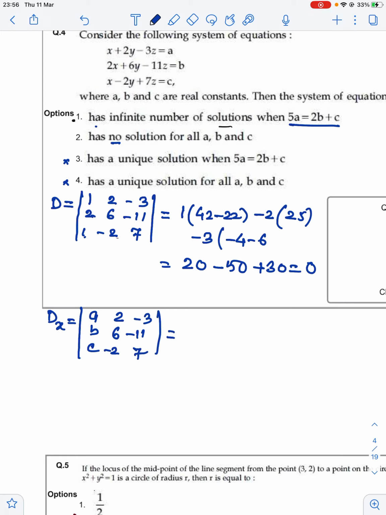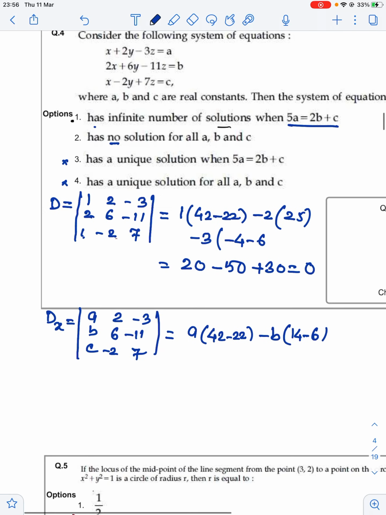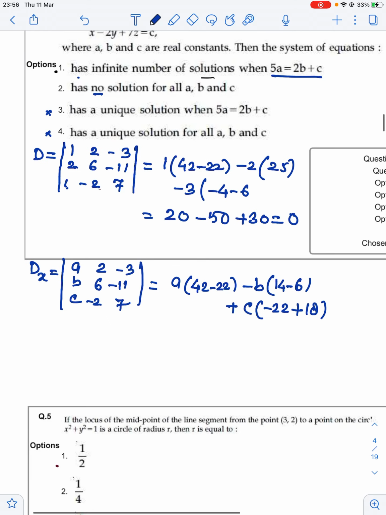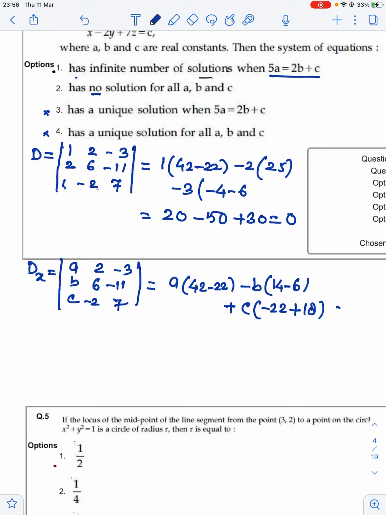So when I expand it through column 1, a times 42 minus 22, minus b times 14 and minus 6, and plus c times minus 22 minus minus plus 18.